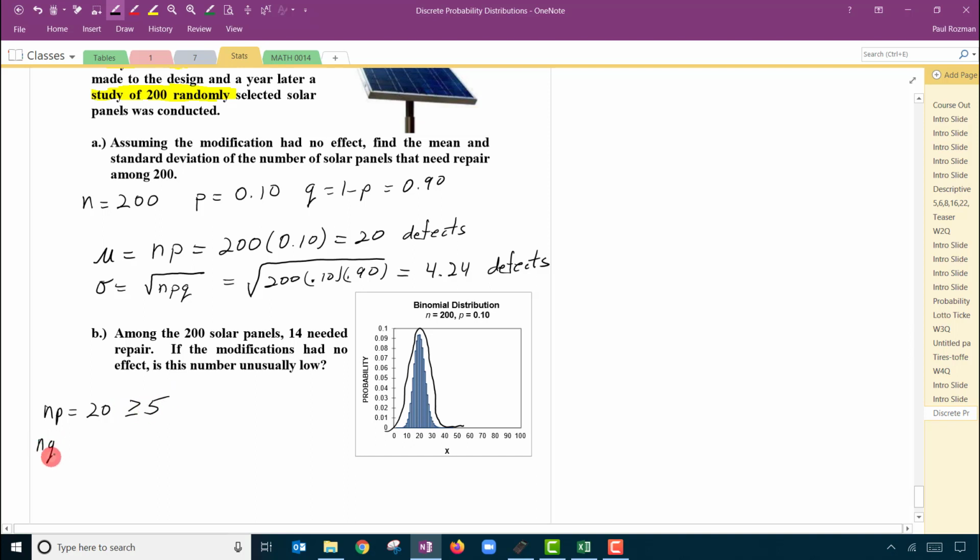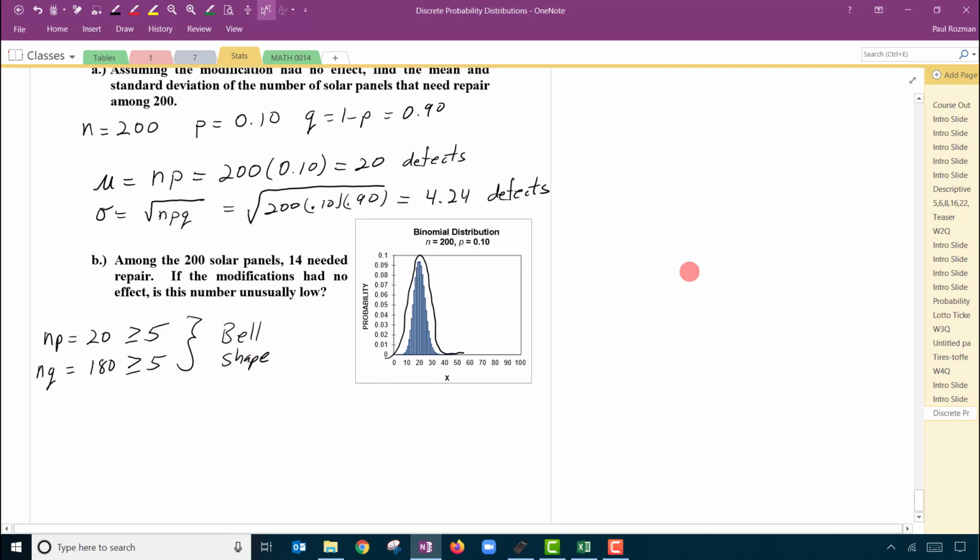Is nq greater than or equal to 5? Sure, it's 180. It's 200 times 90%. That's also greater than or equal to 5. So this tells us that we have a bell shape.